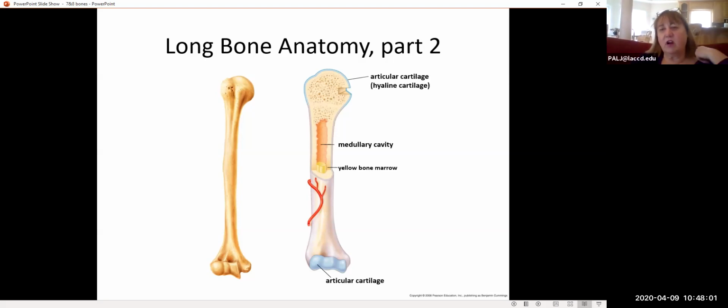So there's articular cartilage at both epiphyseal ends of a long bone. And then, as I mentioned before, surrounding the bone, we have the dense connective tissue, just like we had surrounding cartilage. In cartilage, we called it perichondrium, and in bone, we're going to call it periosteum.